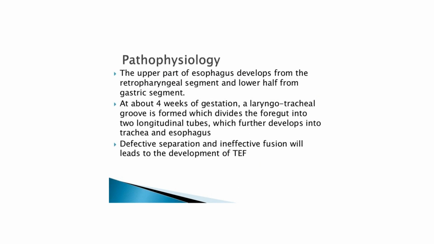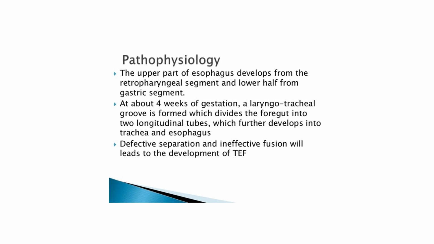Next is pathophysiology. In pathophysiology, we are going to discuss how TEF forms inside the baby's digestive system. The upper part of the esophagus develops from the retropharyngeal segment, while the lower half is formed from the gastric segment.